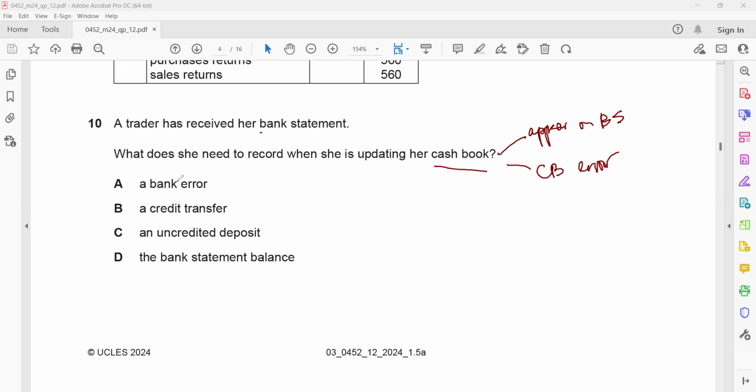So here, a bank error we cannot do in the cash book. We have to do it in the bank reconciliation statement. A credit transfer, yes, we have to update in the cash book. An uncredited deposit goes under the bank reconciliation statement, which is the amount that we put into the cash book but the bank has not put in. The bank statement balance is not the amount that we record. So the answer should be B.